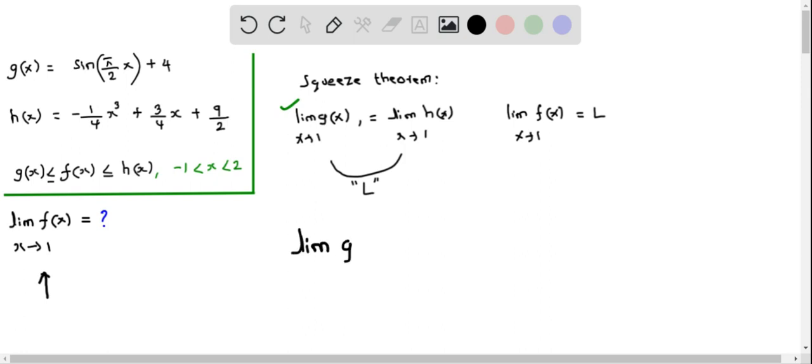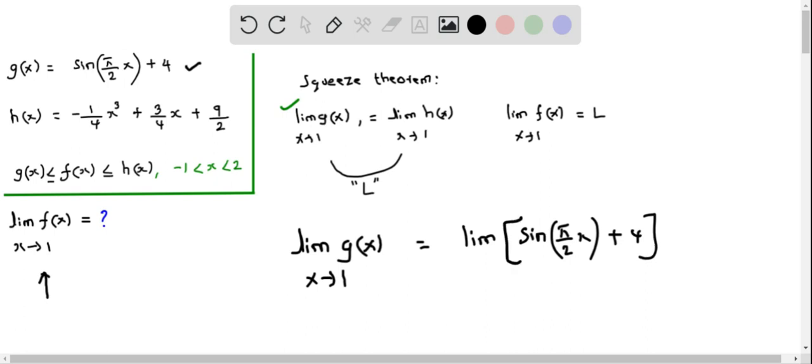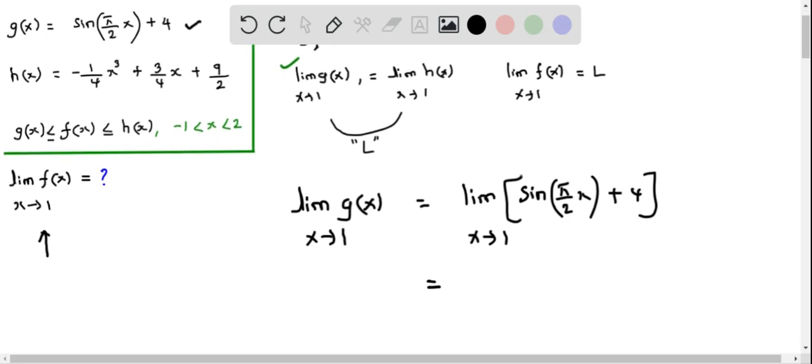This is the limit of g of x when x approaches 1, and this equals the limit of, I replace g of x with this function, that is sine of pi by 2 x plus 4, as x approaches 1. So we can do the direct substitution here by plugging in x equal to 1 into g of x.